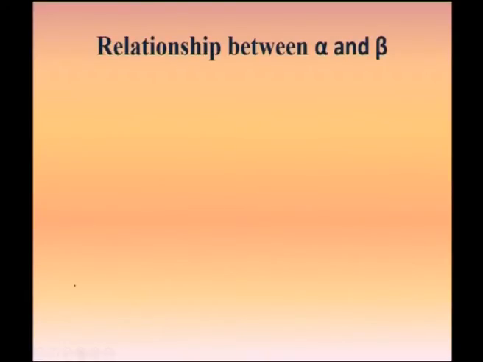So, now we are going to derive a relationship between the current amplification factors alpha and beta. What is beta? It is the current amplification factor for common emitter configuration.